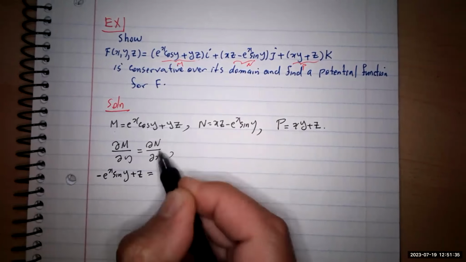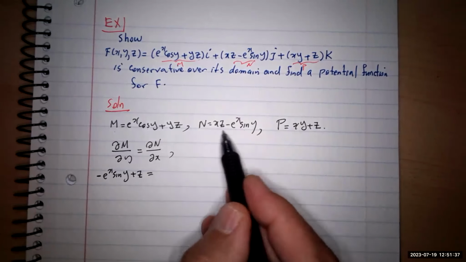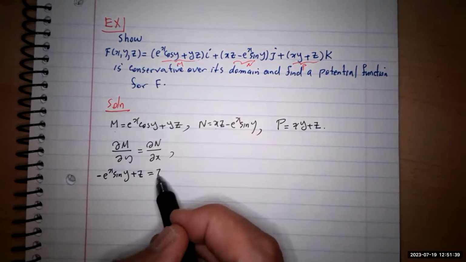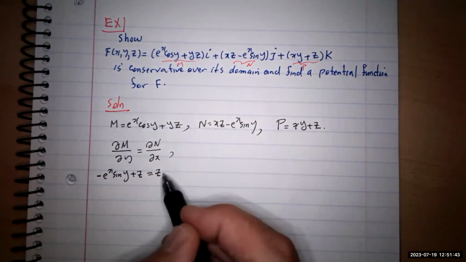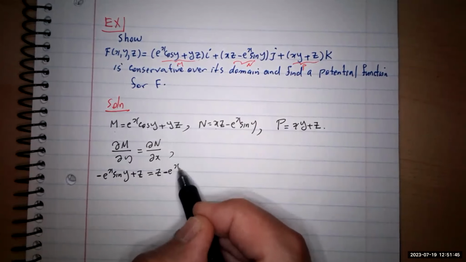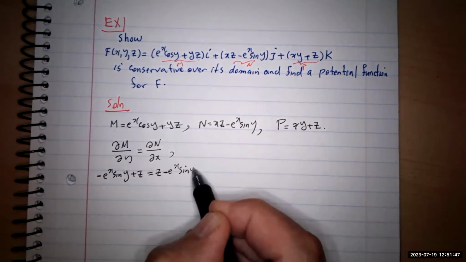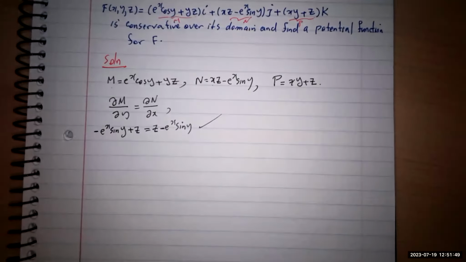This must be equal to the partial of N with respect to x. The derivative of xz with respect to x gives you z, and the derivative of e to the x is e to the x, so minus e to the x sine of y. So the first condition is satisfied.